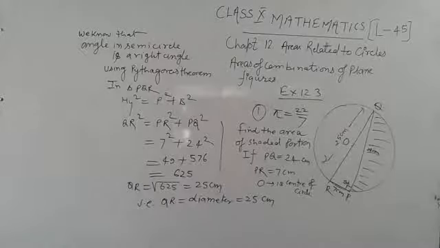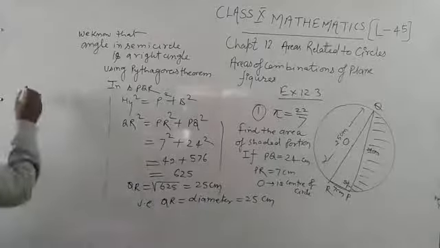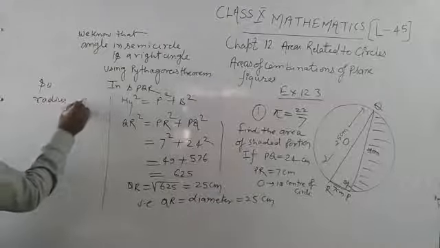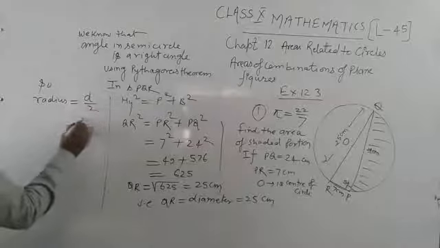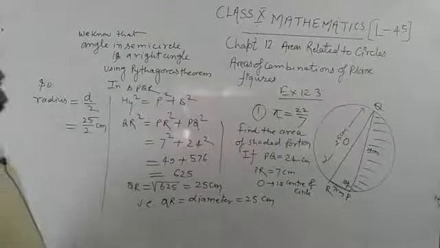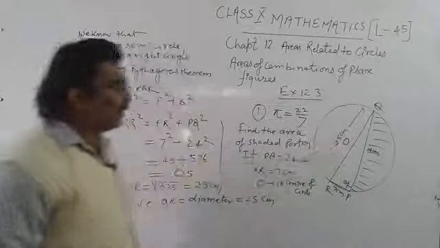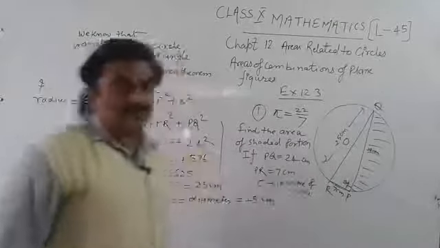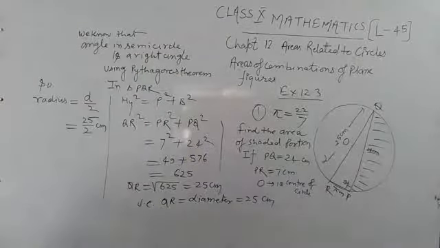And similarly, we can say, radius is equal to diameter upon 2. So, we can write 25 upon 2 centimeter. So, students, this is the radius of this circle. Okay, and we have to find the area of the shaded portion. Now, write this solution.